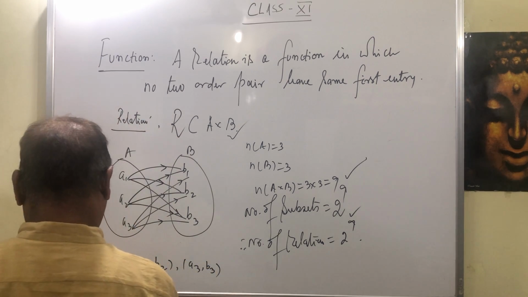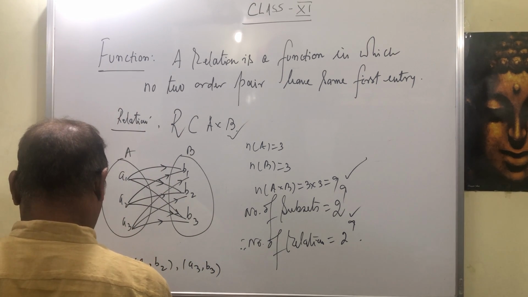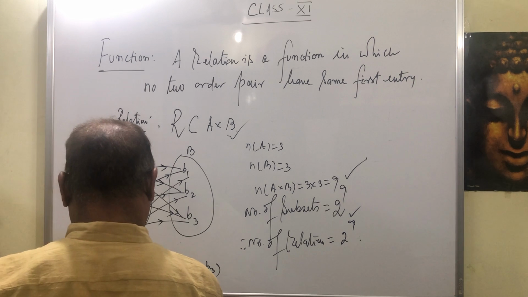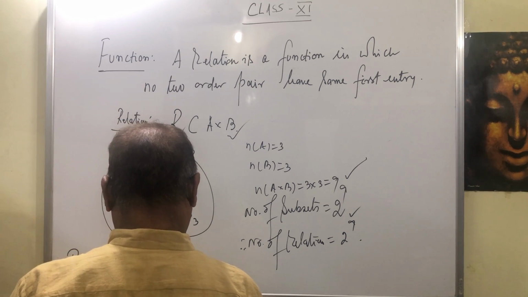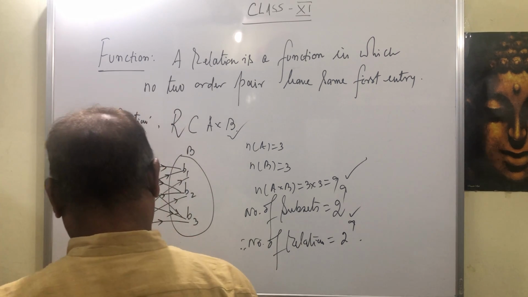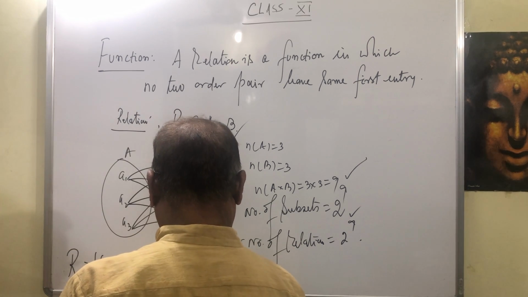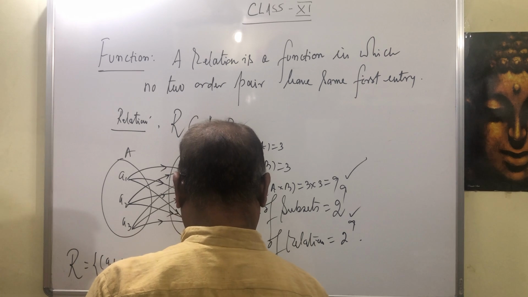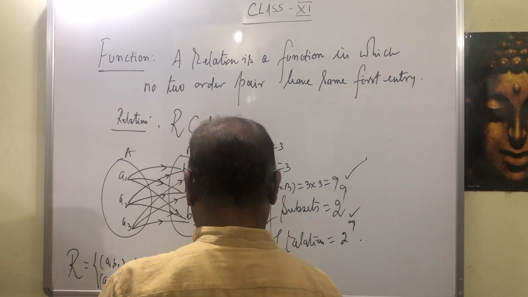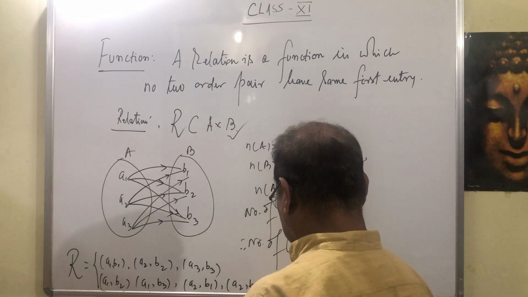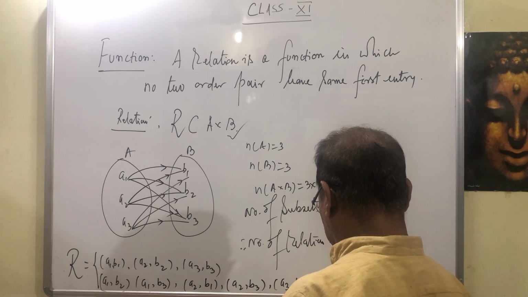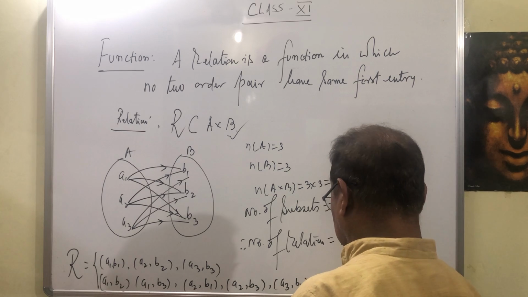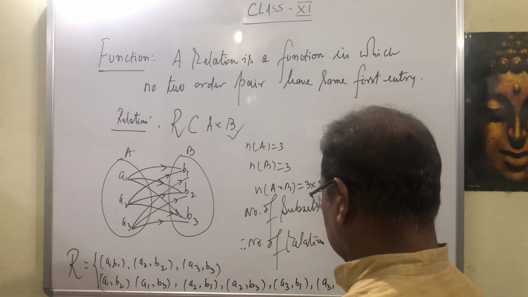Again A1 goes to B2, A1 goes to B3. Similarly, A2 will go to B1, A2 will go to B2, B3. Similarly, A3 will go to B1, A3 will go to B2, and A3 B3 is already written.